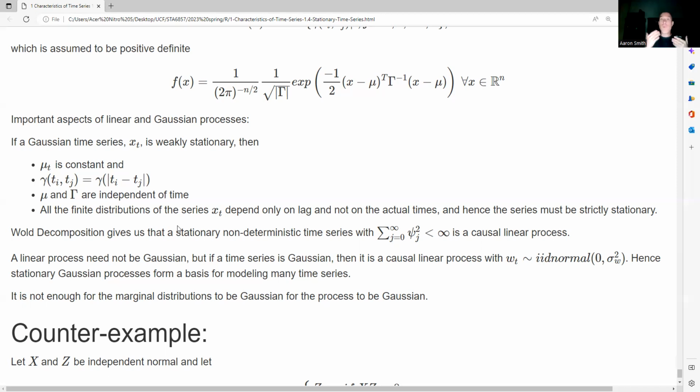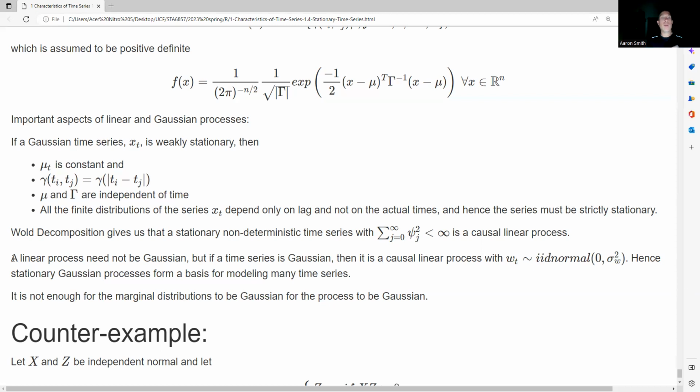Now, going into another aspect of theory that I haven't talked about yet, but it's still correct: the Wold decomposition gives us that a stationary non-deterministic time series with this finite sum is actually a causal linear process.